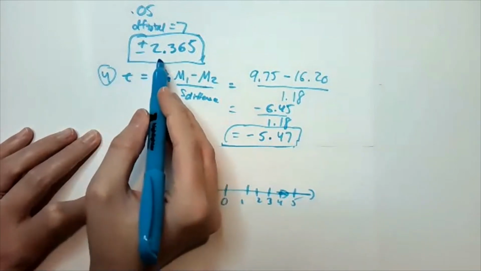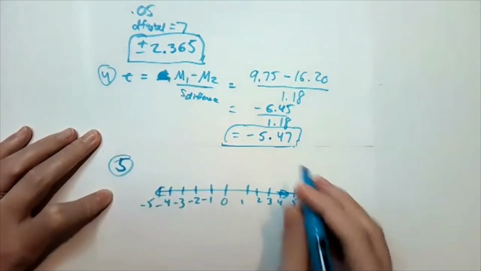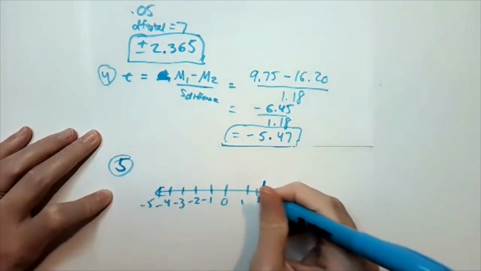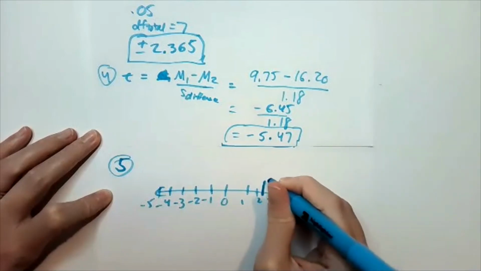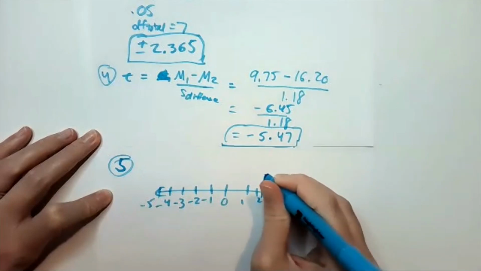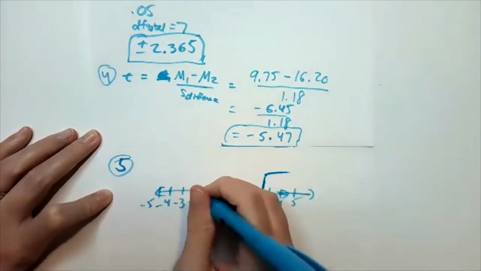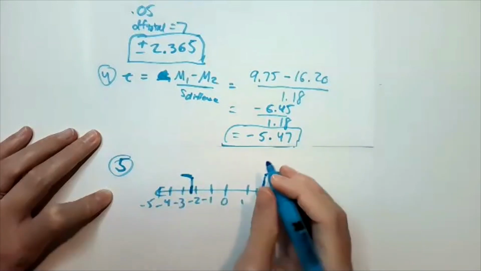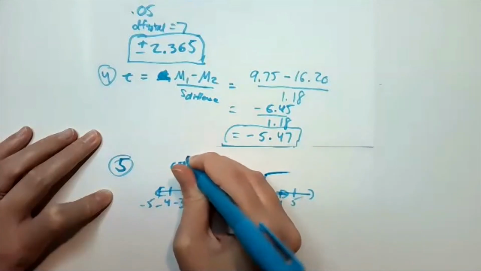And so we said our cutoff scores are going to be plus and minus 2.365. I could say a little to the side, about between 2 and 3, a little closer to the 2. And I know that these are then my cutoff scores.